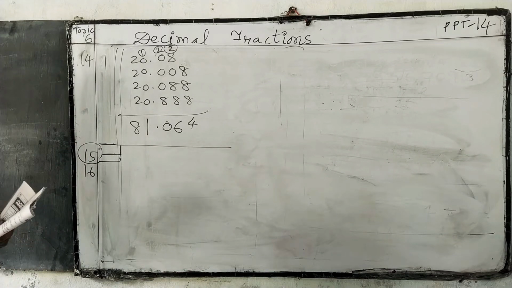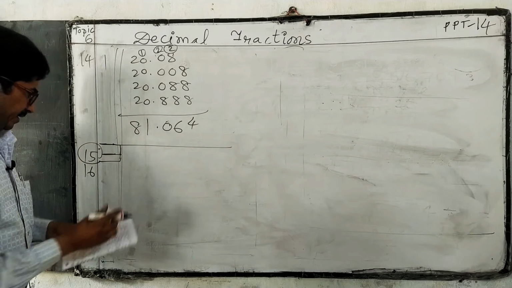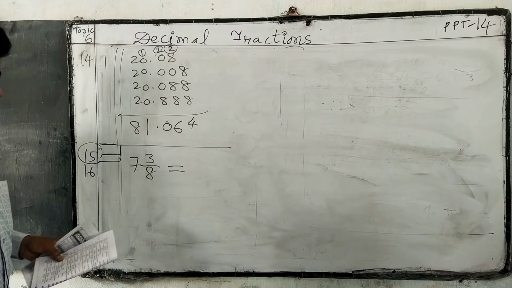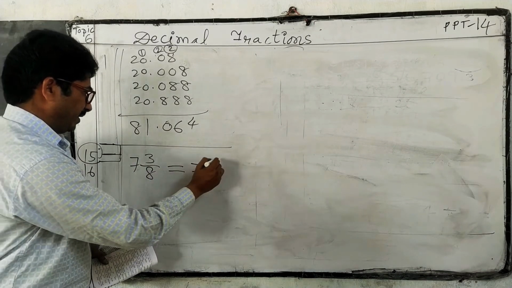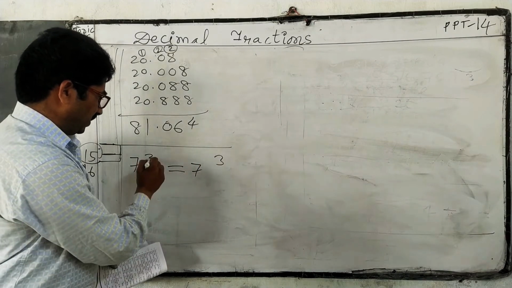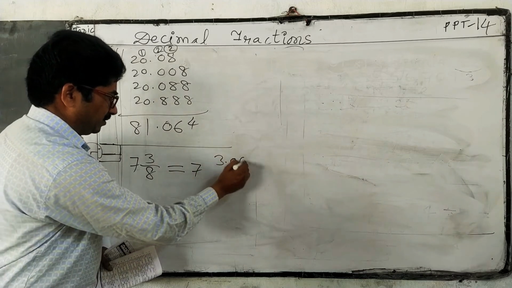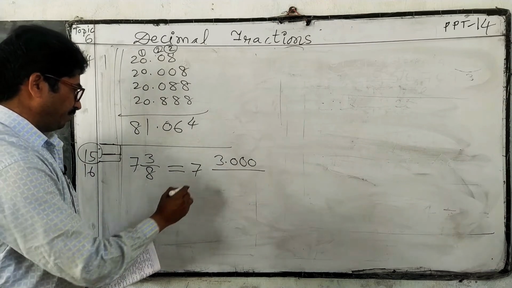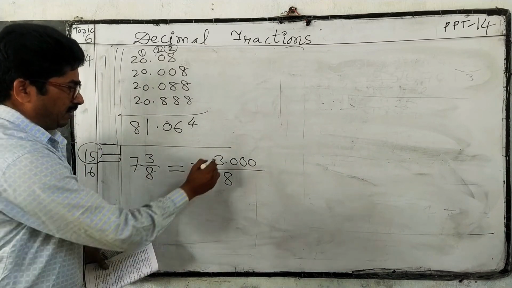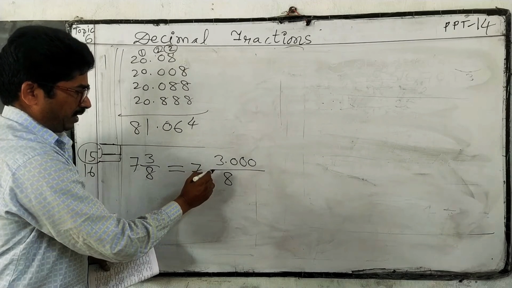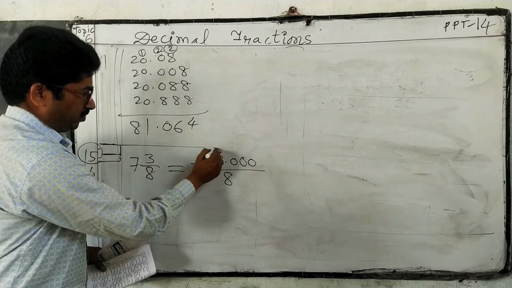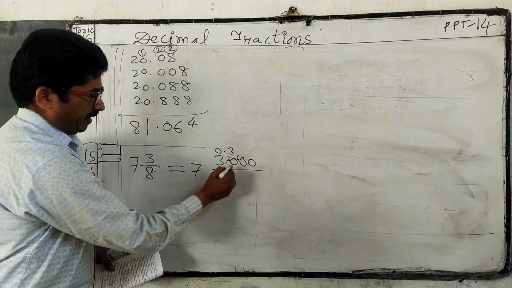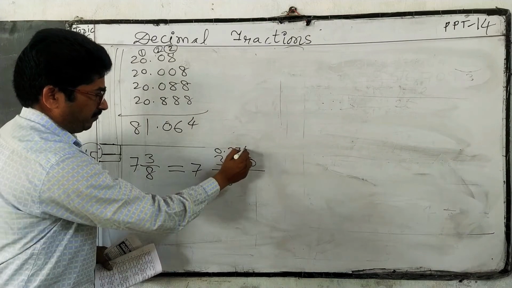What is the decimal equivalent of 7 3 by 8? To find the decimal equivalent, we have to divide 3 by 8. To divide with 8, we keep 3 zeros beside the 3. 8 threes are 24, 8 sevens are 56, 8 fives are 40.